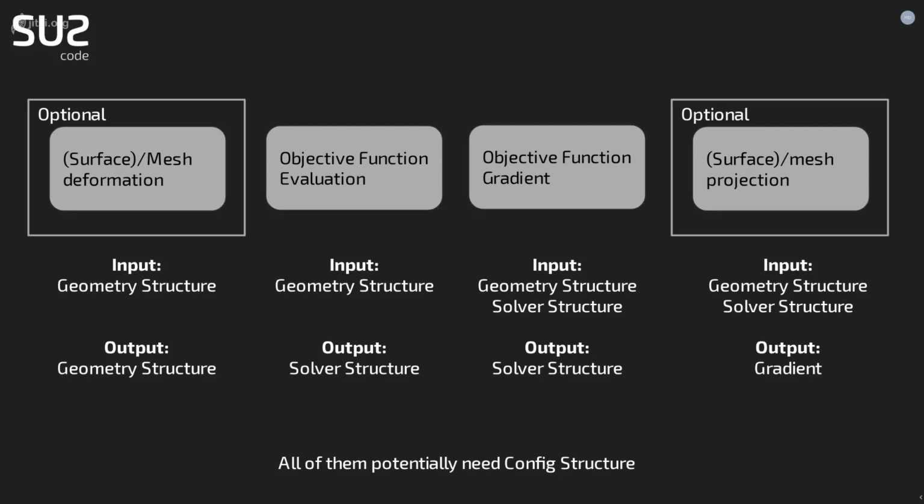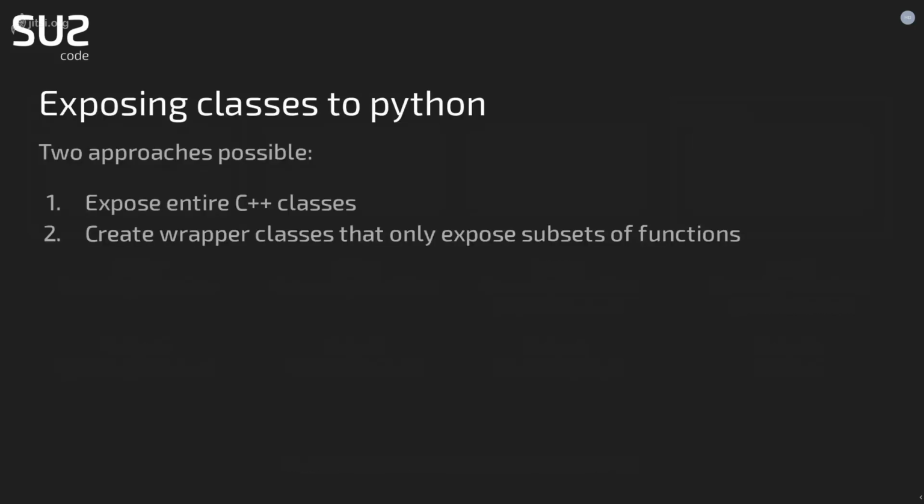And then surface mesh projection is the same. We give it a geometry structure and a solver structure for the surface sensitivity, and we get the final gradient. And then at the end, we also need a config structure, right? Possibly for all of these steps. Yeah, so this is just what I was thinking about on how to actually do that.